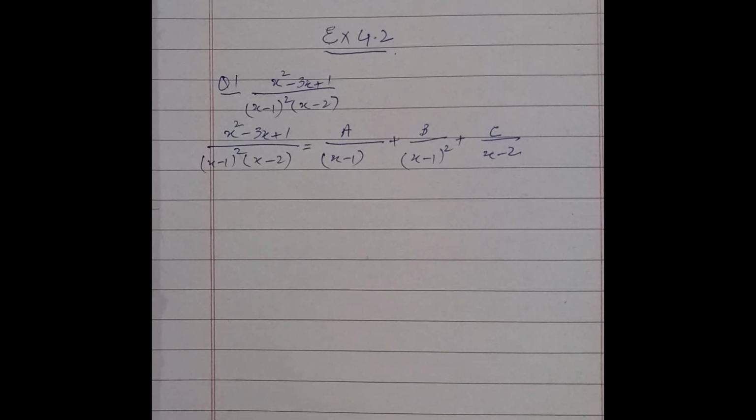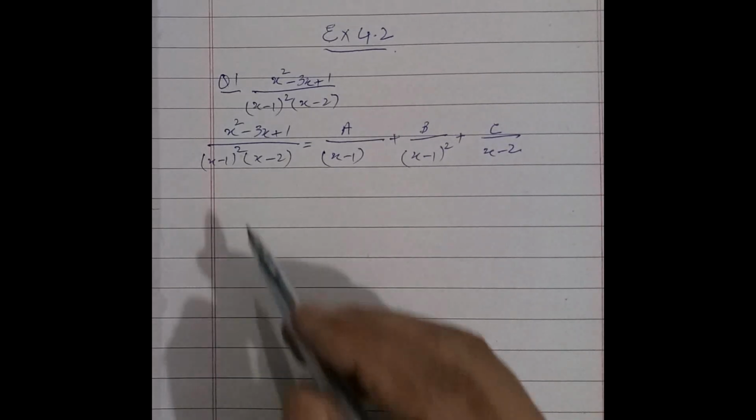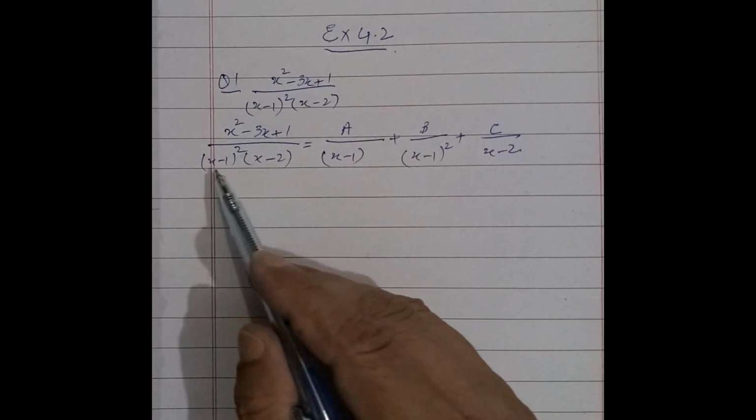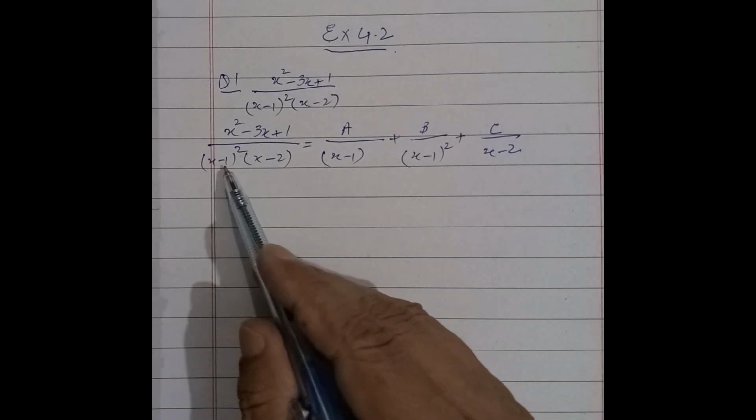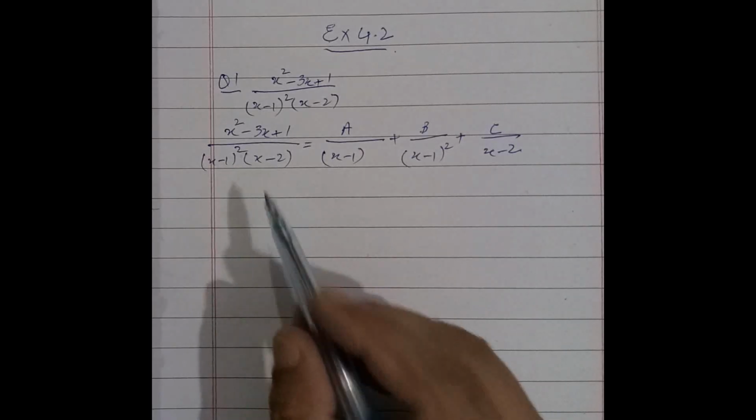And then we multiply both sides by the denominator of the equation, which is x minus 1 whole square into x minus 2.